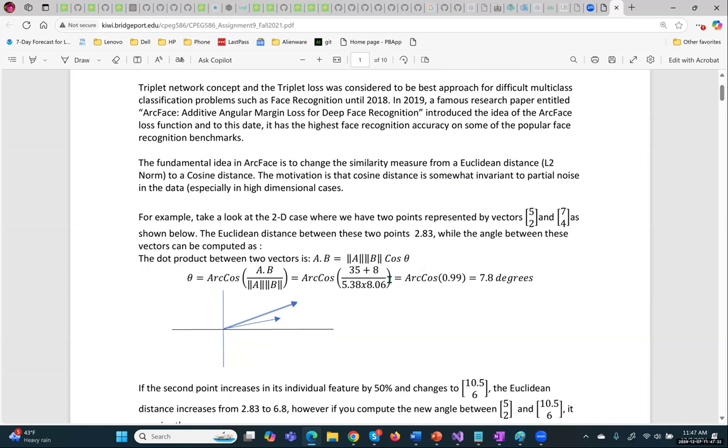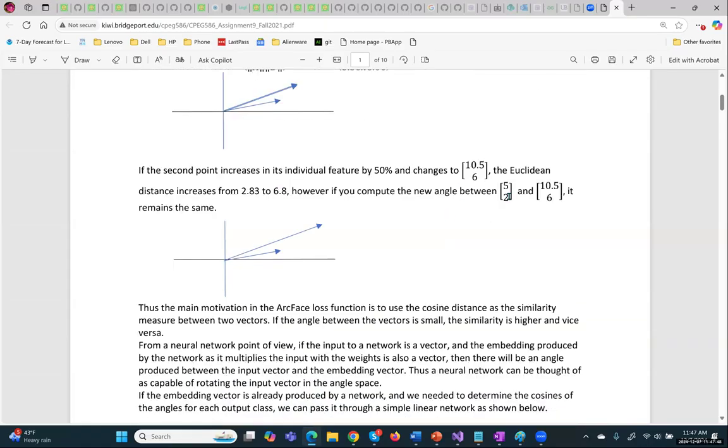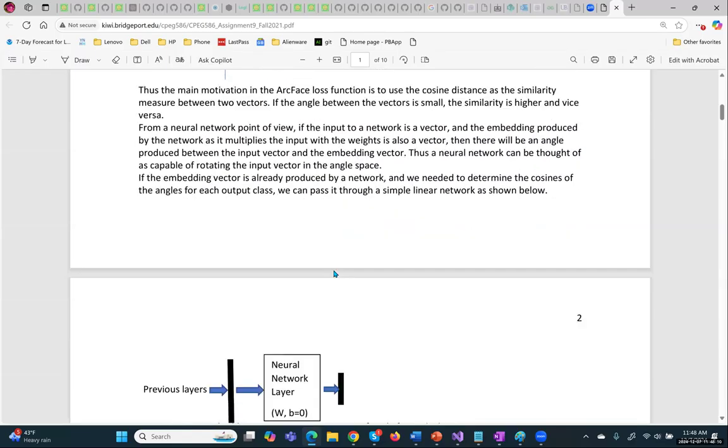The same thing that we talked about: I gave you a 2D example of how the angle theta is simply the cosine inverse of the inner product. You can go through the example later. The motivation: if you increase the magnitude of this vector, the angle stays the same, but the distance becomes bigger.